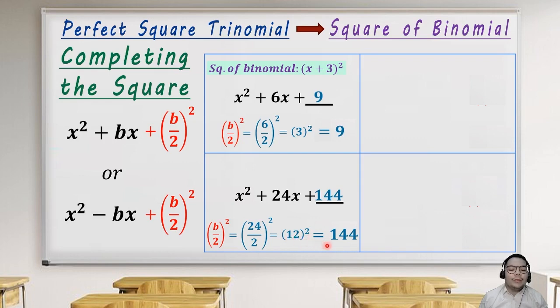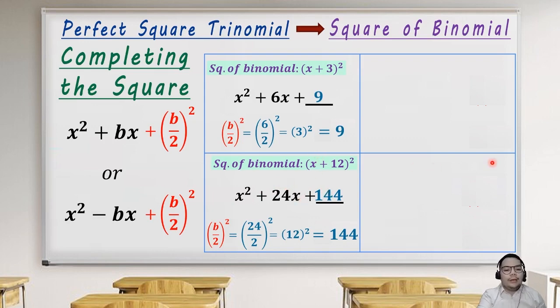Squaring it is equal to 144. And that will be the third term of the given perfect square trinomial. Then get the square root of x squared and the square root of 144. The square of binomial is equal to x plus 12 quantity squared.